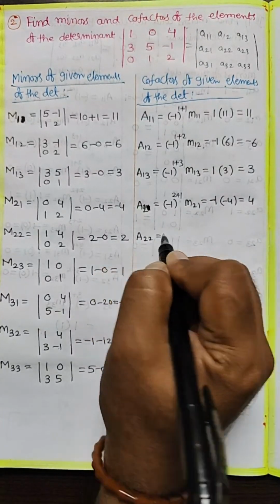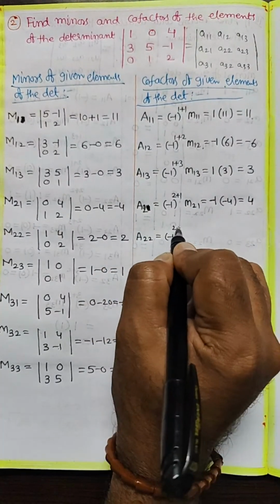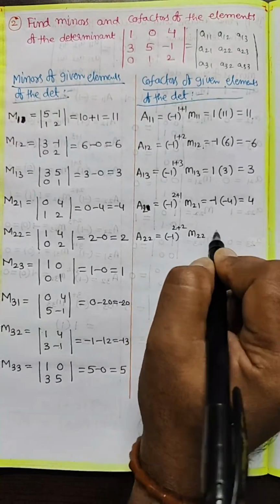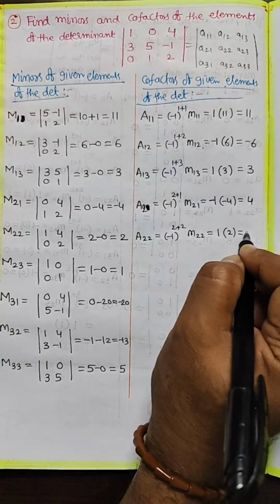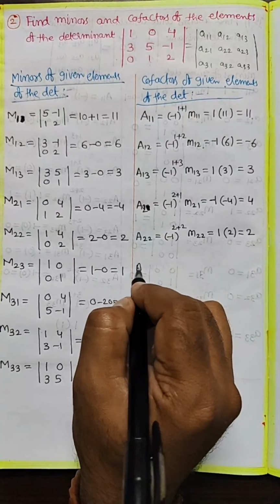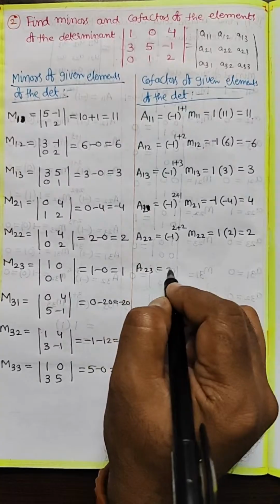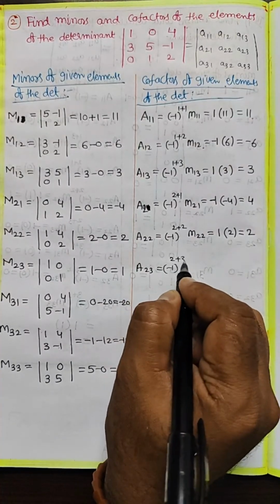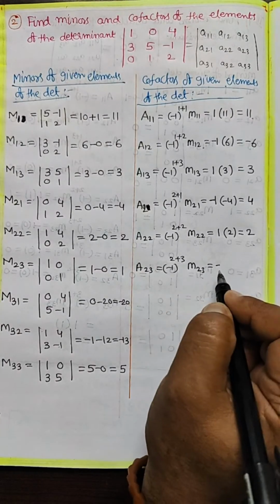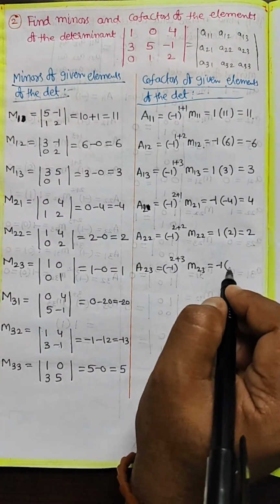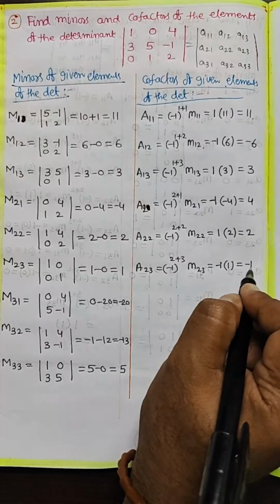A22 equal to minus 1 whole power 2 plus 2 into M22, which is equal to plus 1 into M22 value 2, which is equal to 2. Next, A23, minus 1 whole power 2 plus 3 into M23, which is minus 1 into M23 value 1, which is equal to minus 1.